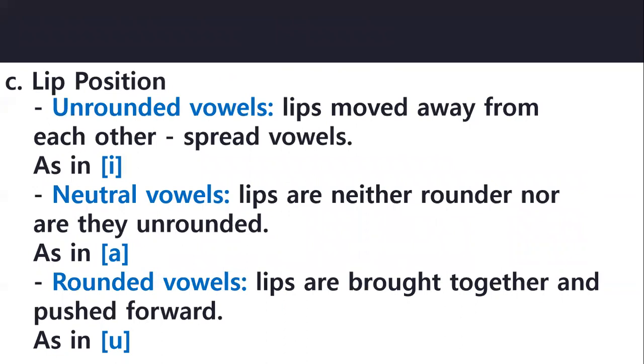We have unrounded vowels where lips are moved away from each other, and they are also called spread vowels, as in E. Then we have neutral vowels where lips are neither rounded nor unrounded, as in A. And lastly, rounded vowels where lips are brought together and pushed forward, as in U.